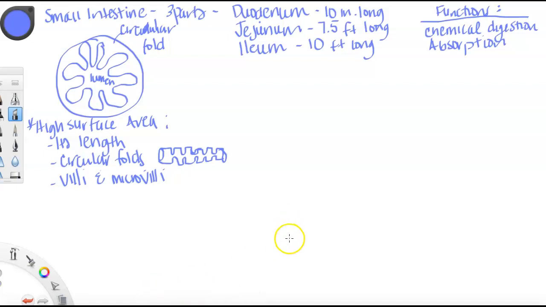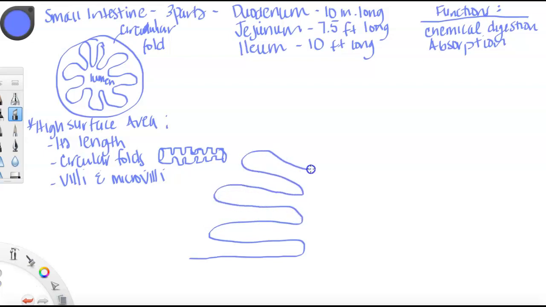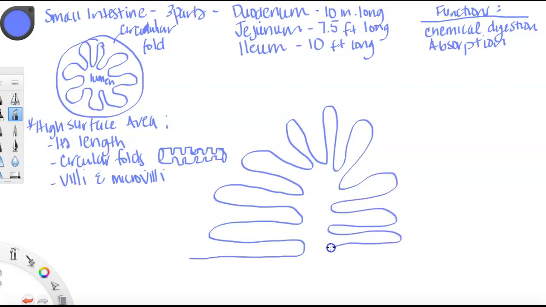So we look at one circular fold. It looks kind of like this, sort of. Okay, so this is a circular fold.